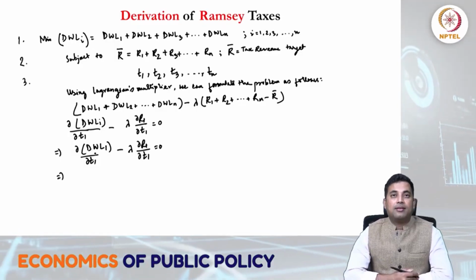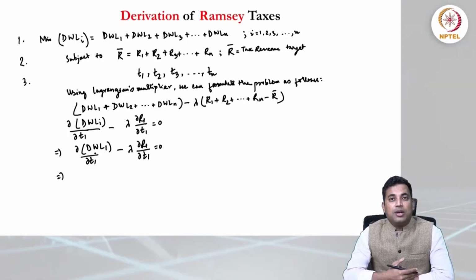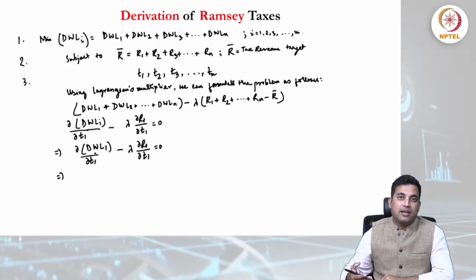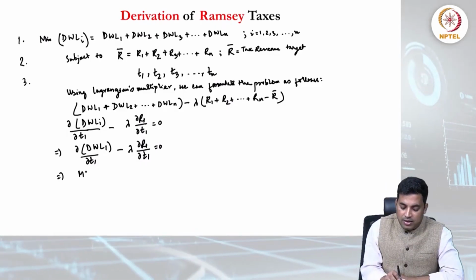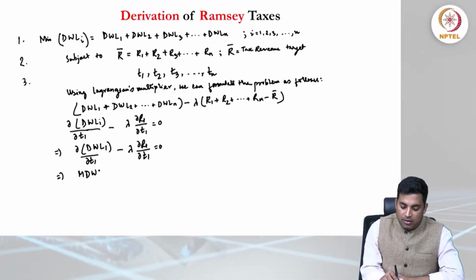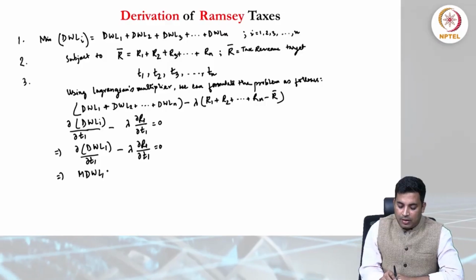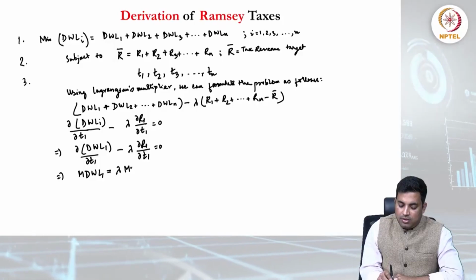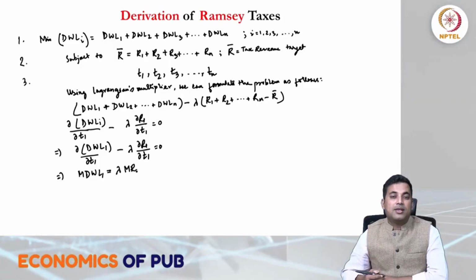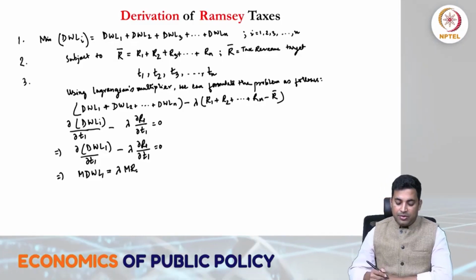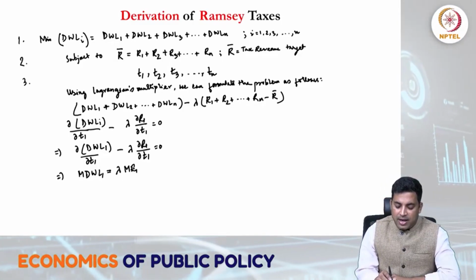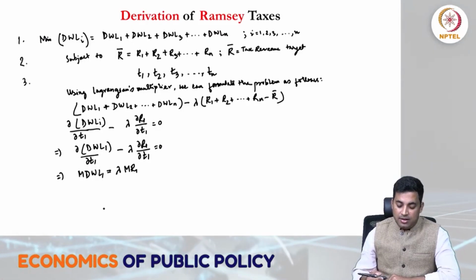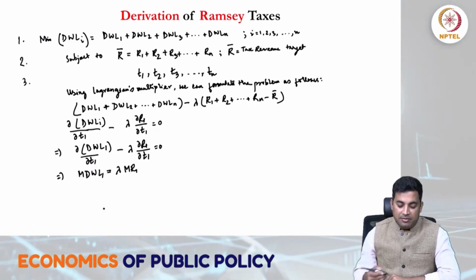One can say that the change in the total deadweight loss due to a one unit change in the tax rate is the marginal deadweight loss for one individual, which equals lambda times the marginal tax revenue. So MR1 is the marginal change in the tax revenue.